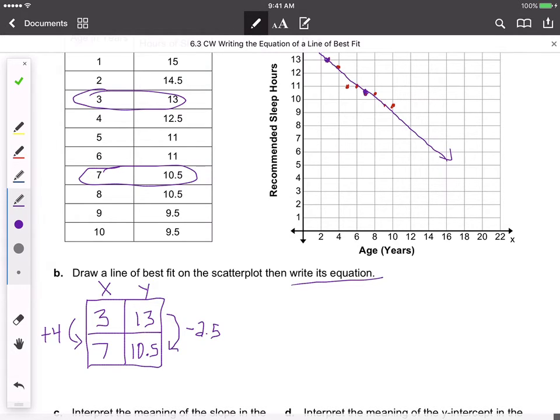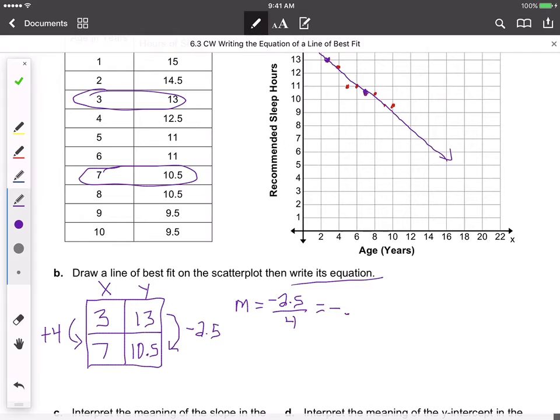Alright, so my slope then is going to be my change of y over my change of x. Negative 2.5 over 4. And when I put that into a calculator, just so I can get a nice decimal answer, it's going to be negative 0.625.